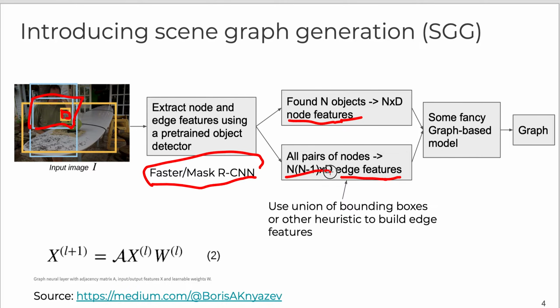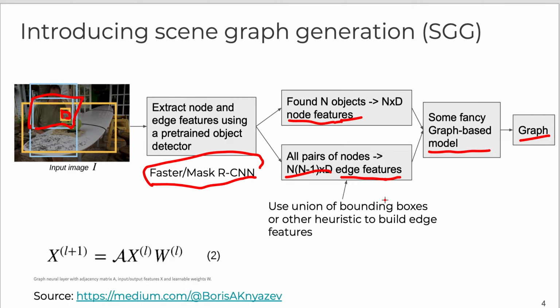So you are going to have many more edge features because you compute them for all pairs of objects, and then, given those two matrices, you can apply some graph-based model. It can actually be not graph-based, but it makes sense to use some graph-based model to improve results, and you generate the graph.